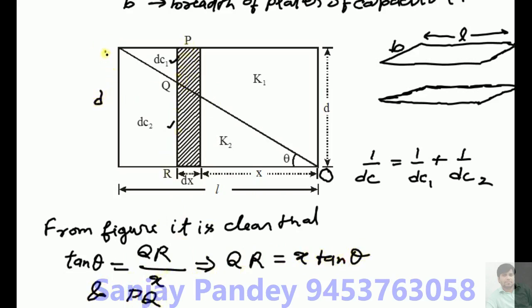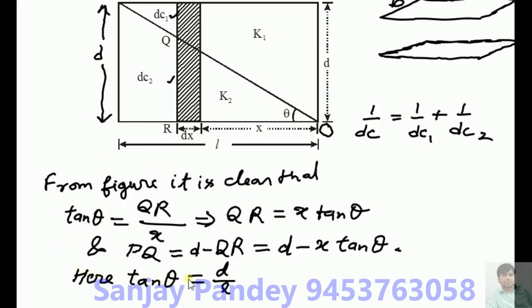The separation between the plates is D, so PQ will be equal to D minus QR. It will be equal to D minus x tan theta. Here tan theta is also equal to D upon L. Now we will calculate dC1 and dC2.